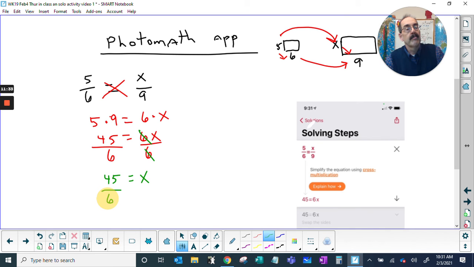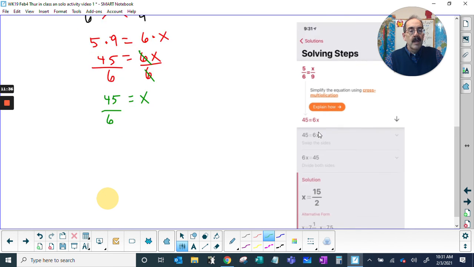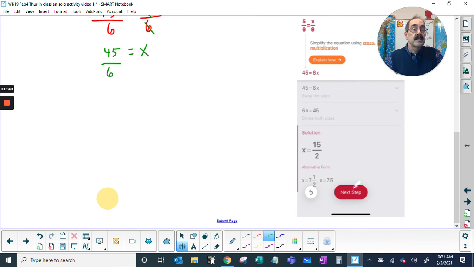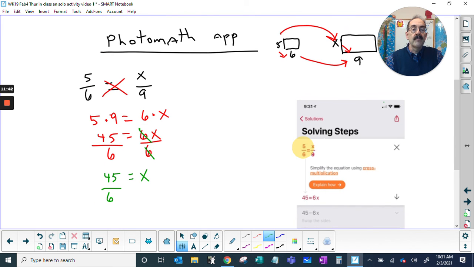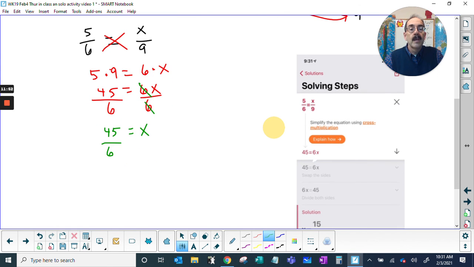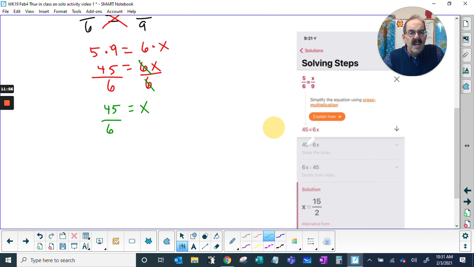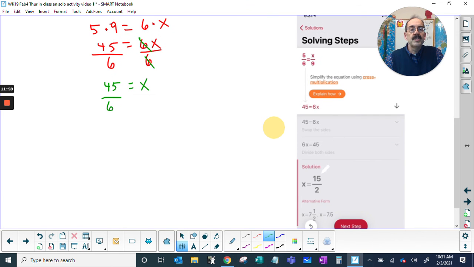Now here's the app. If you click on the app, they have buttons where you can click on next step. So watch how they did it. 5/6, x over 9. Simplify the equation using cross multiplication. 5 times 9 is 45. 6 times x is 6x. Undo the multiplication. We have to divide both sides by 6.